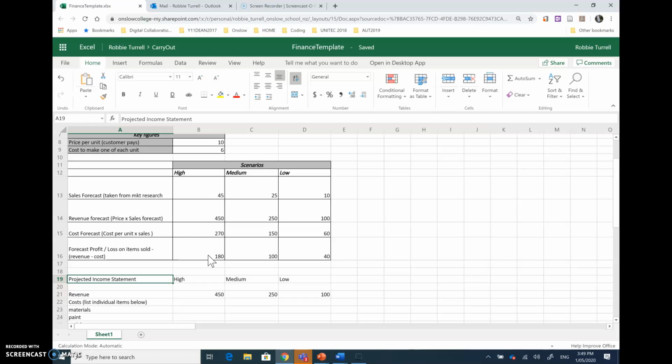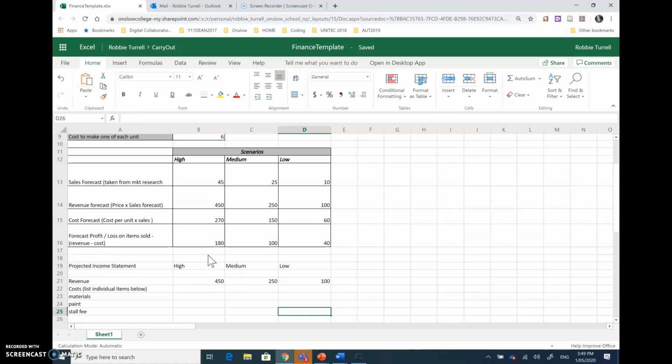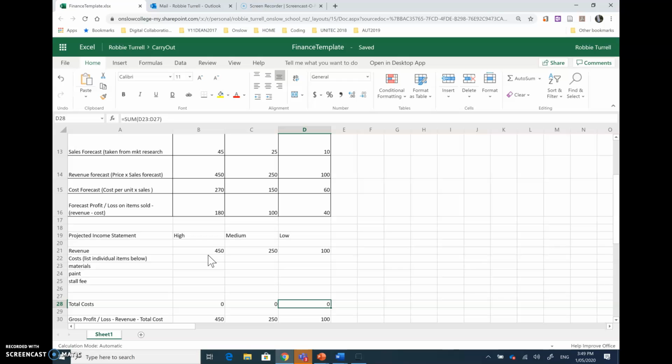Now, what we're also asked to do is a projected income statement, okay? All we need to do here is we don't need to put anything in for revenue because it has been taken directly from here. And what we can find is all our costs. If we add all our costs up, it might be a little bit different to what we've got here because these costs here are only the costs to make the product.